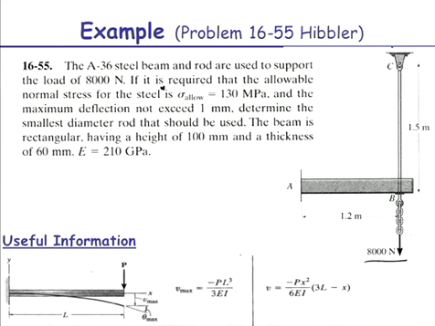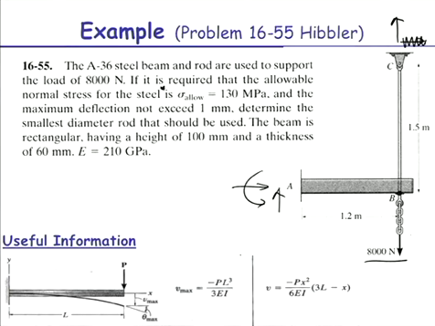If we look at our reactions, at A we have 1, 2, 3 potential unknown reactions, and at C, this is a pin support, so in theory it has a horizontal and a vertical reaction, but because this is a rod with a pin connection here and a pin connection here, we know this rod can only carry axial load. So we have 4 unknown reactions. So we know that equilibrium on its own is not enough. We have to use compatibility as well.